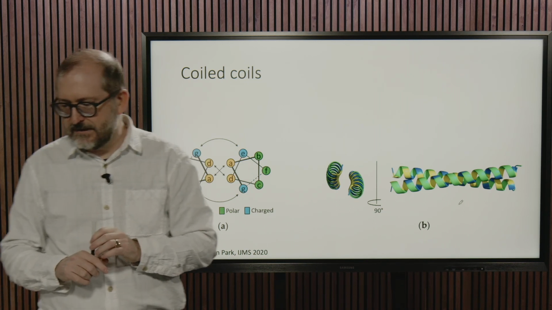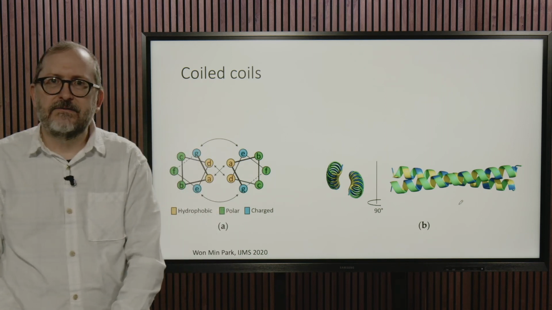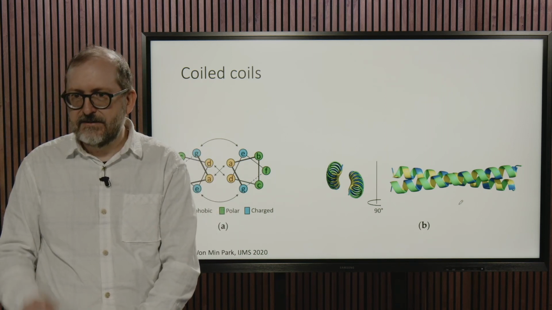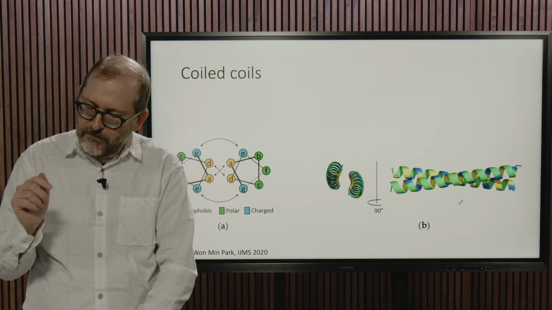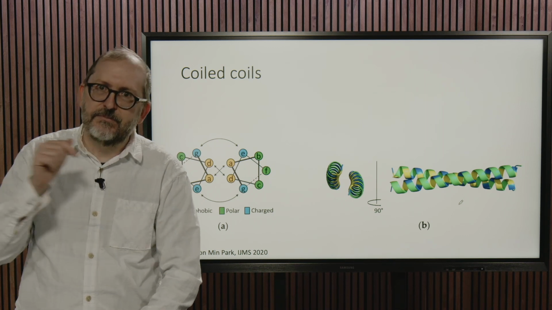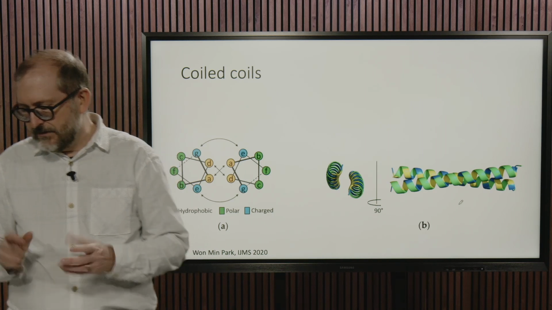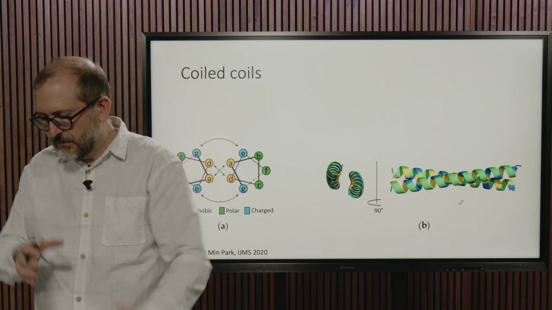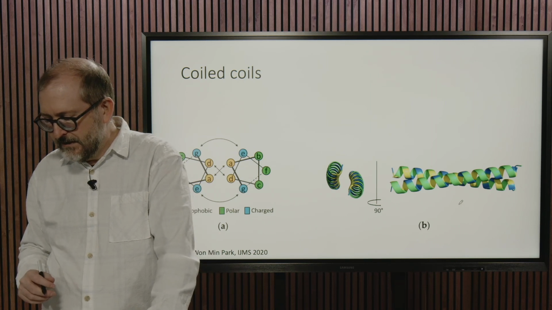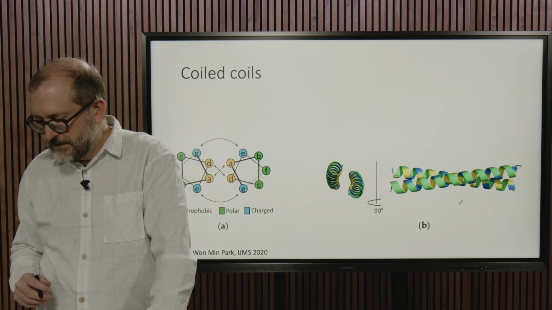So there's nothing that's perfectly geometric about alpha helices. You remember it's not 4 residues, but rather 3.6 residues per turn. So there's always a little bit of this kind of progressive effect in things like helices.